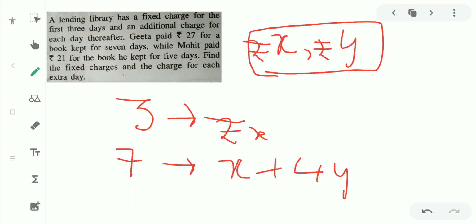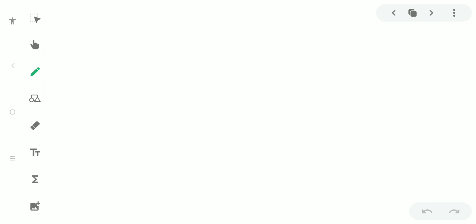So you are getting 4y, and let us solve this equation first. 7 days is nothing but x plus 4y.